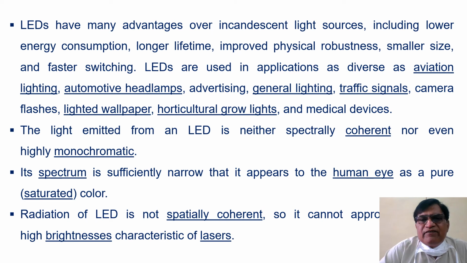The basic difference between laser light and ordinary light is that laser is a coherent light beam, whereas the light emitted from other sources of light is incoherent. Its spectrum is sufficiently narrow that it appears to the human eye as a pure saturated color. Radiation of an LED is not spatially coherent, so it cannot approach the high brightness characteristics of lasers.